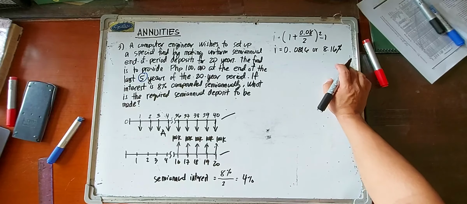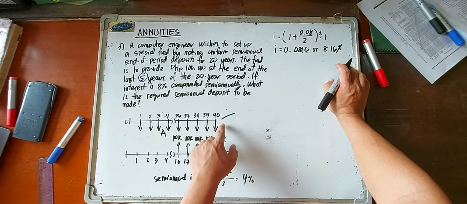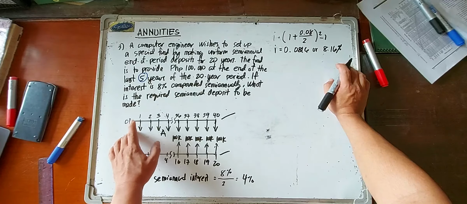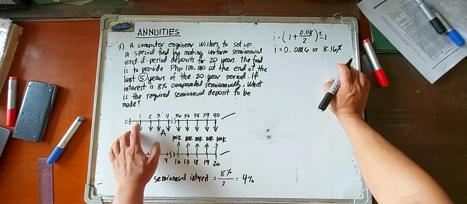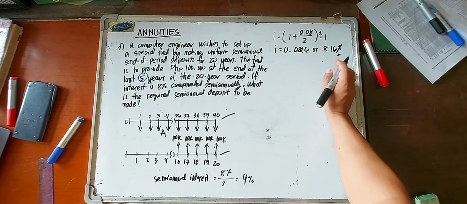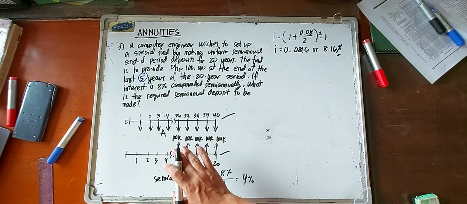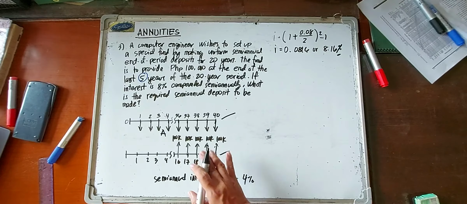Okay? So, again, ito na interest gagamitin natin for the first cash flow since it is semi-annual. The deposits are made semi-annually, and itong interest na ito, we will use this for the second cash flow since this is done annually.